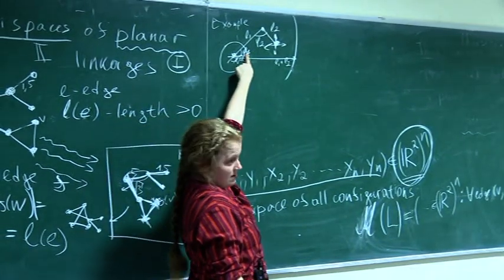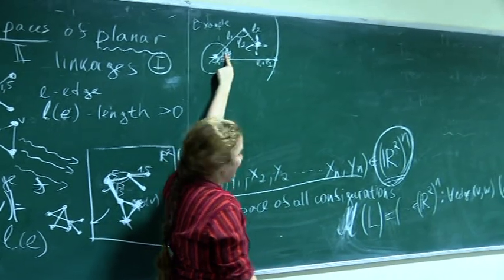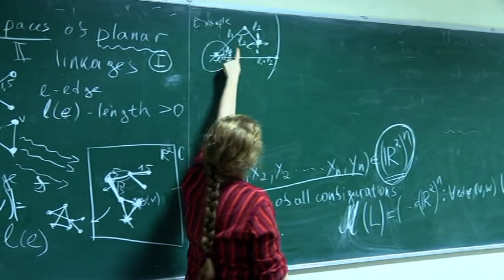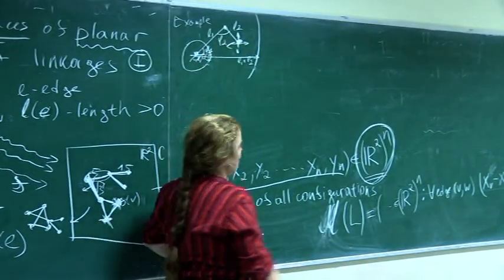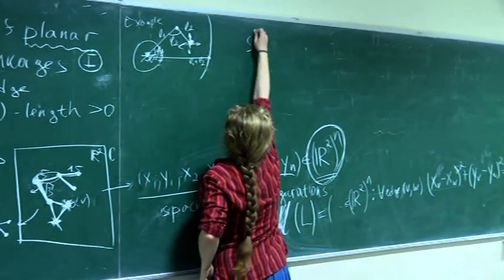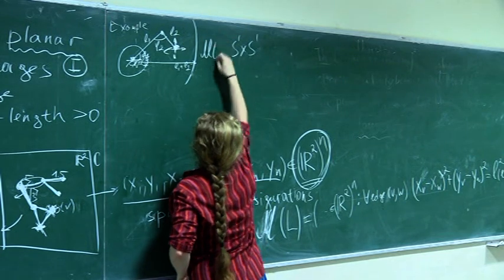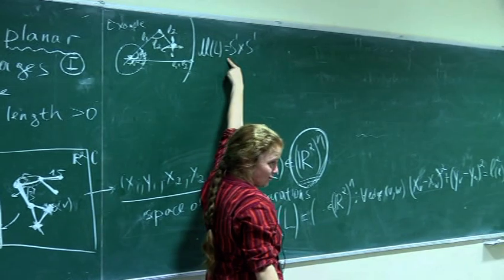So this angle is a point on a circle, right? And this angle is a point on a circle. They are two independent, so the space of all configurations of a robot arm is a torus. S1 times S1. This is a configuration of our linkage. So here we have a torus. This is a configuration space.